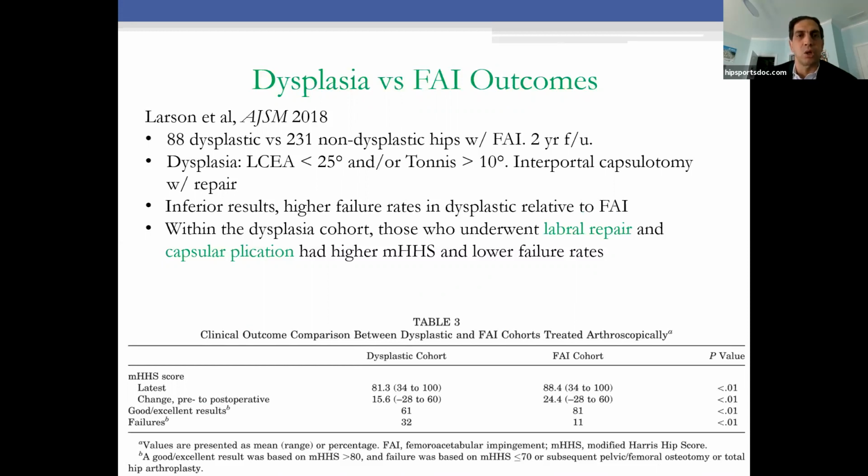There were higher failure rates or lower successes in the dysplastics relative to the FAI. This highlights some of the controversy with the borderline dysplastics and looking at outcomes, in the hands of a very experienced surgeon like Dr. Larson.